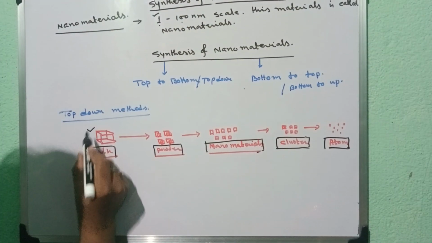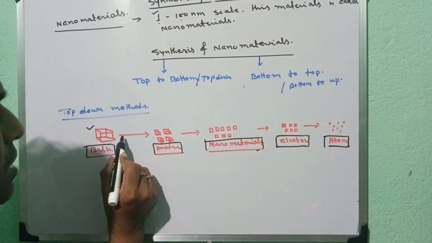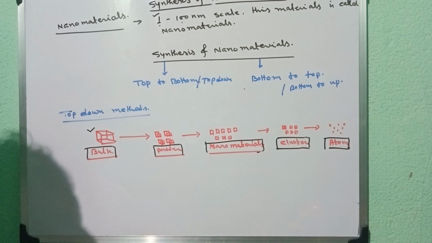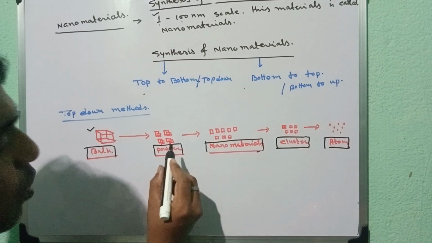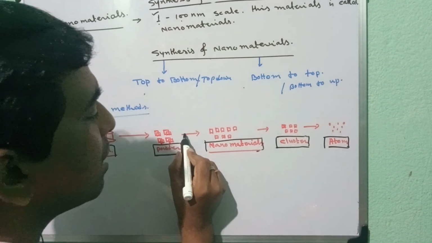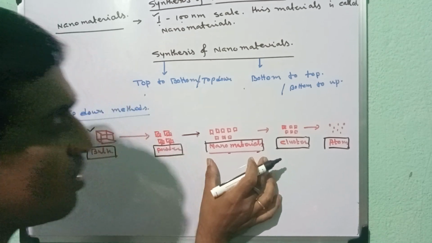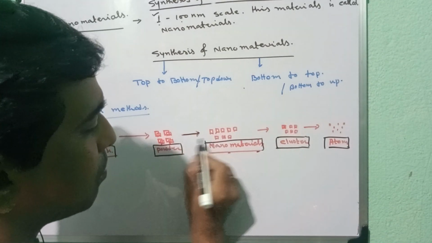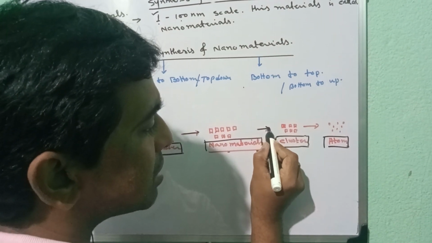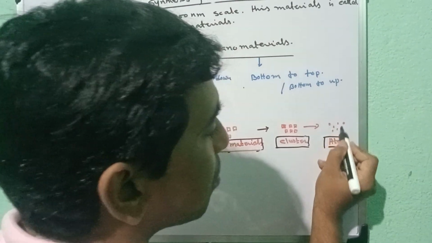First is the bulk material, with big particle size. By some process, biological, chemical, or physical, it goes to powdery form with very small particles, and then to nanostructure material. After that, by some method it goes to the cluster form, then the final form, the atom, which is the smallest particle.